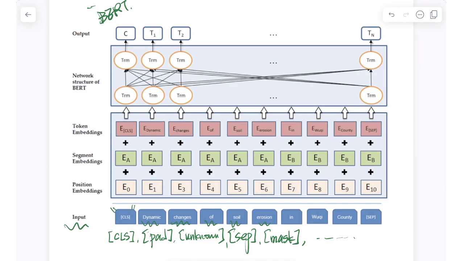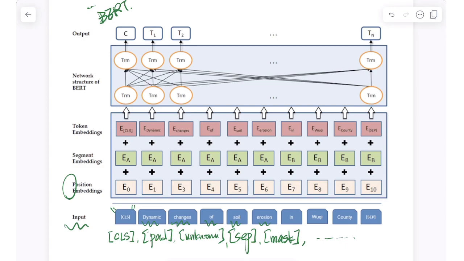Okay, and after that we have positional embedding. Basically there are some values to indicate which position this word is in this sentence. So 0 means position 0, 1 means 1, 2 means 2, 3. And there are some other ways to encode the position.